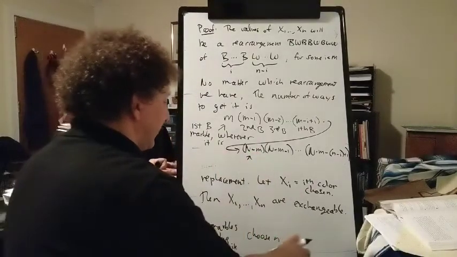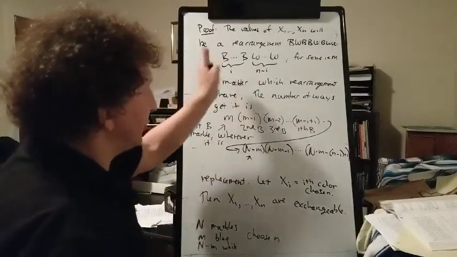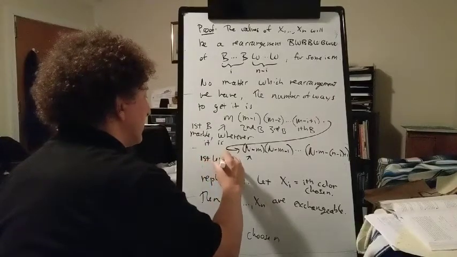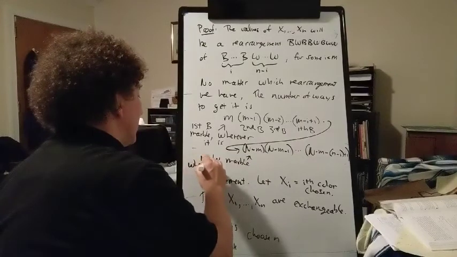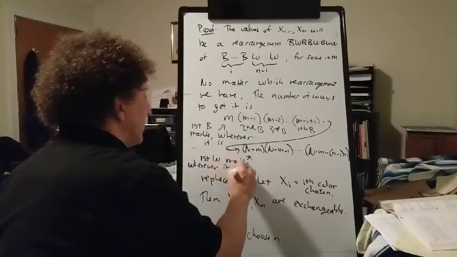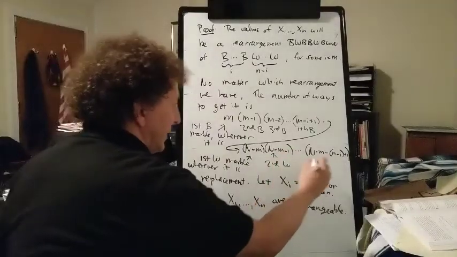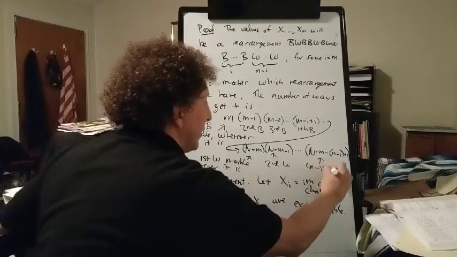So this is the first white marble, wherever it is. It could be position 1, position 2, wherever the first white one is. And this is the second white, etc. And this is the n minus ith white.